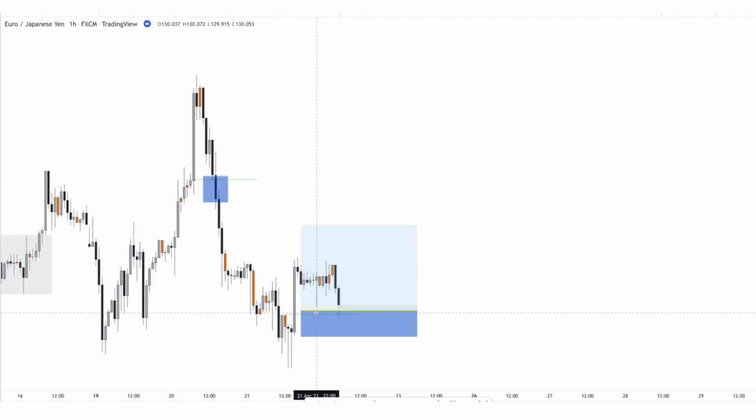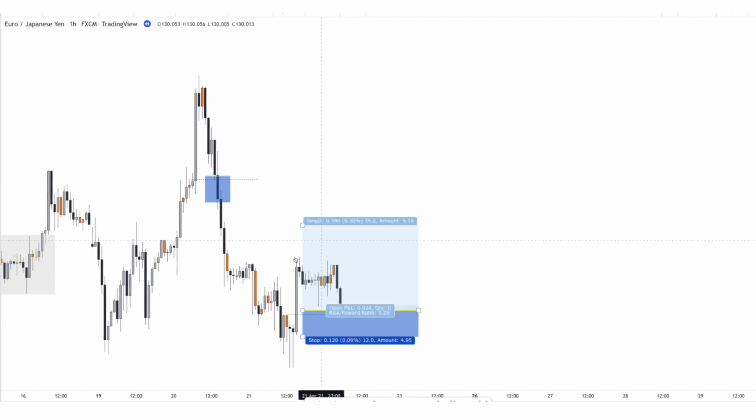Also, as of filming, it's currently near the end of January, and I've been testing out wick breaks for the flag compared to body breaks, and I'd much rather get in with a body break and a proper retrace. So triggered in, we move the stops.